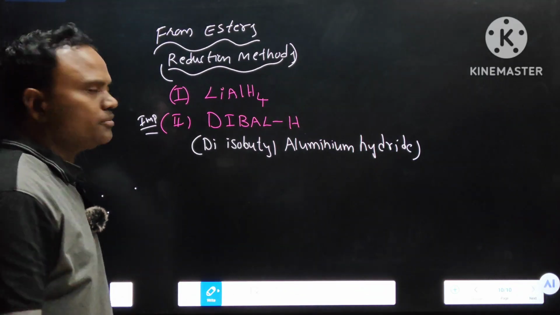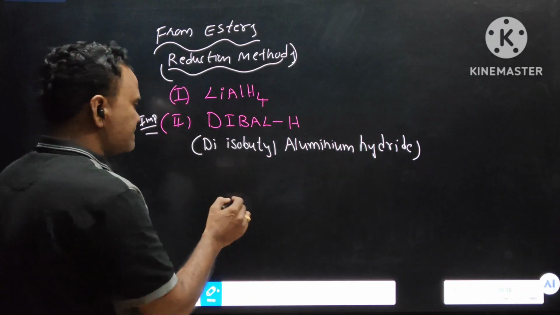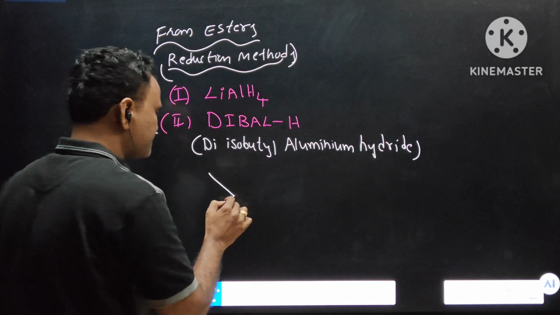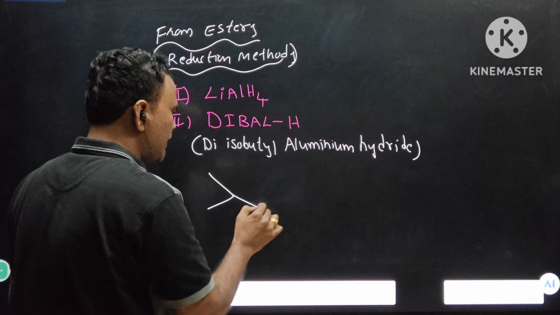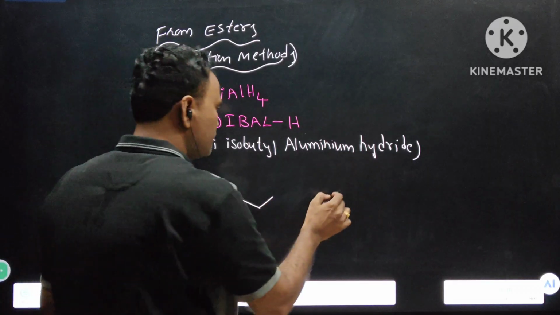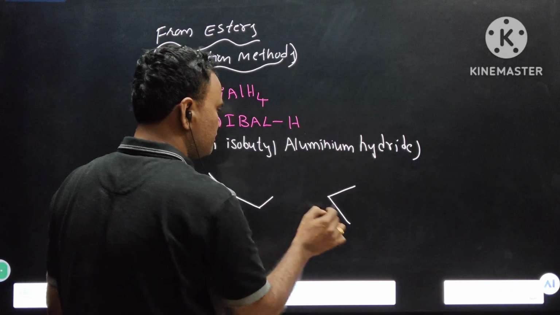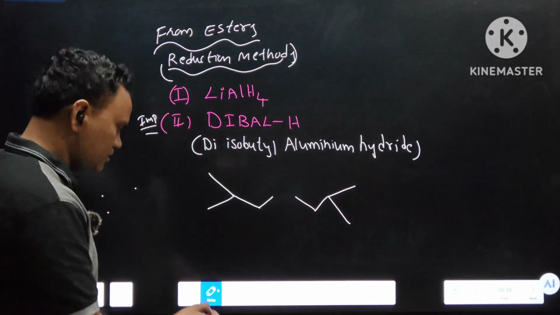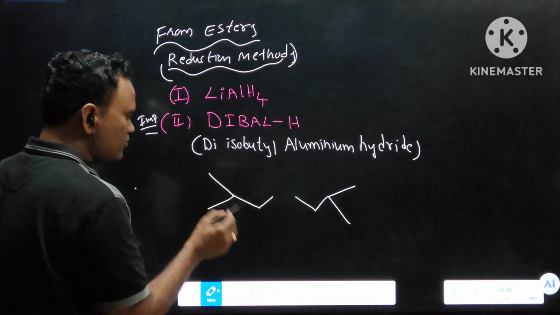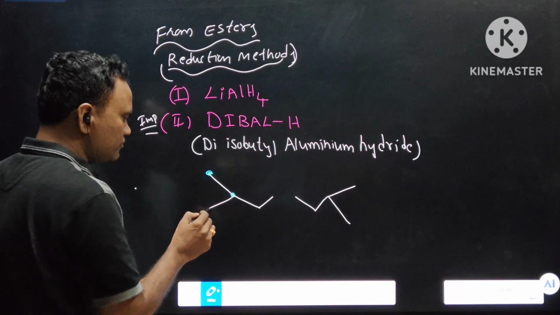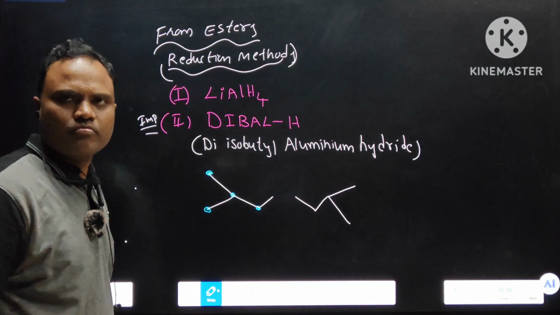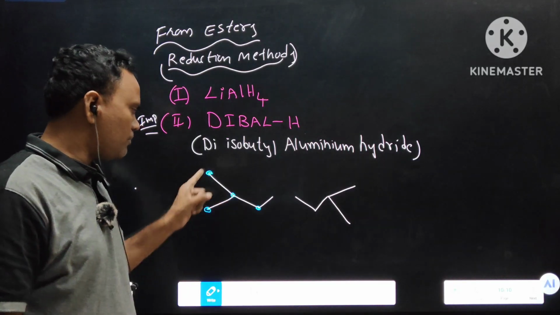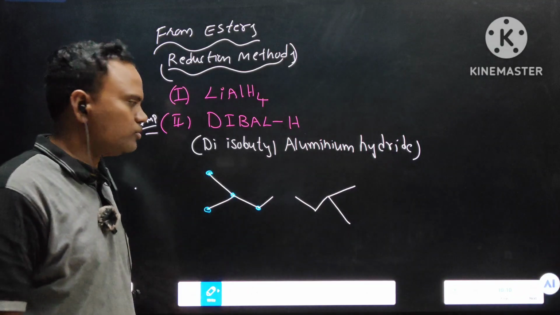You know about lithium aluminum hydride. This is an isobutyl group. This is another isobutyl group. I'll tell you why it is called isobutyl. See, 1, 2, 3, 4. Okay, iso group, 1 carbon with 2 methyls, isobutyl.